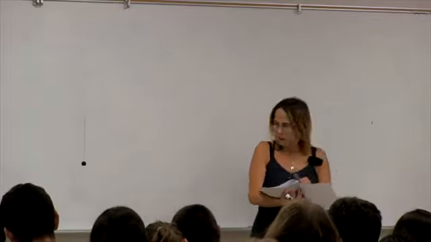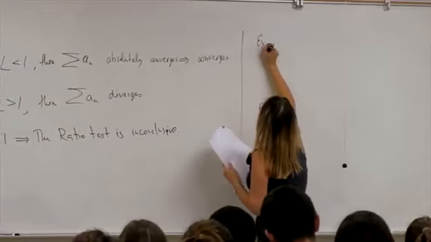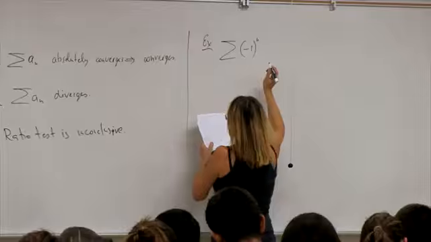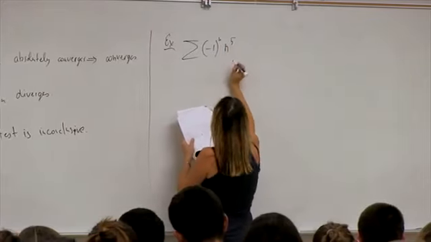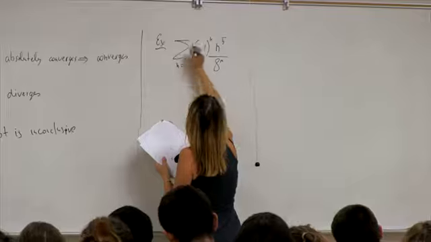So here's my first example. We're going to look at the series that looks like n to the 5 over 8 to the n.